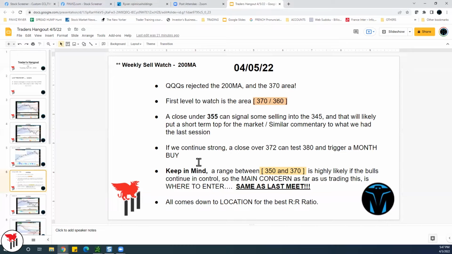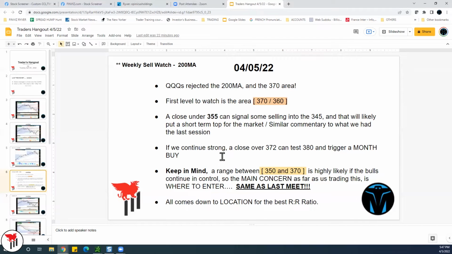Well, you're going to see them paying higher prices, supporting prices, accepting higher prices via volume. So what we want to see is a break on volume. You guys know exactly what we're talking about. Kyle and I, we talk about it all the time. You've got to see the volume confirmation, real volume confirmation, right? So over 372, we go for 380. That triggers a monthly buy.